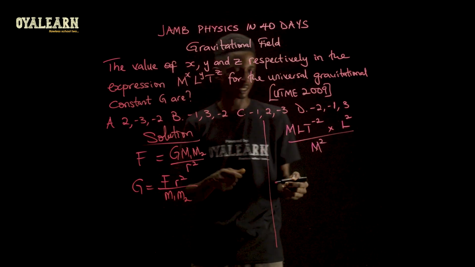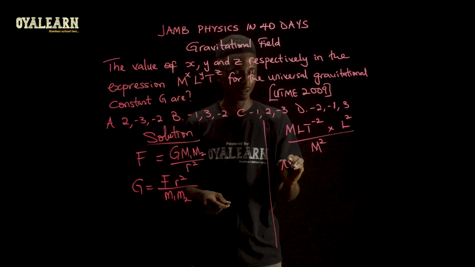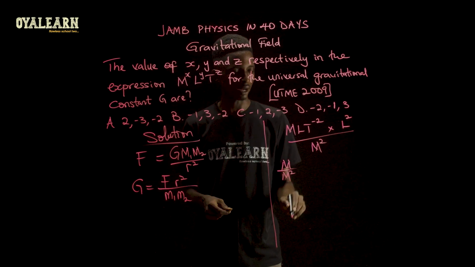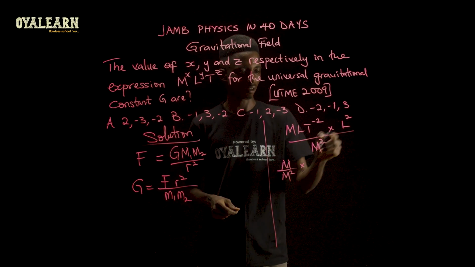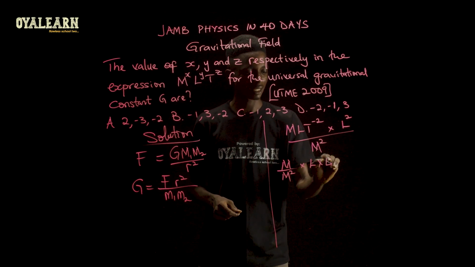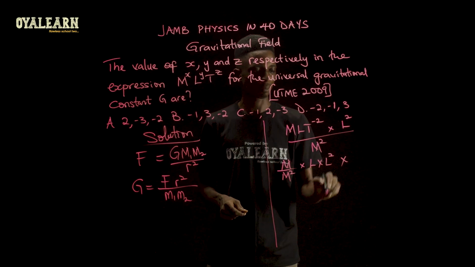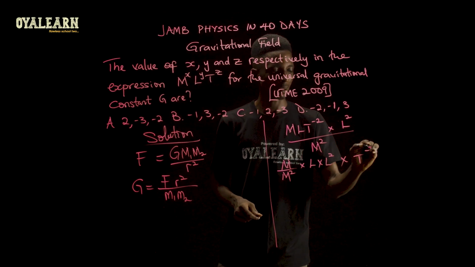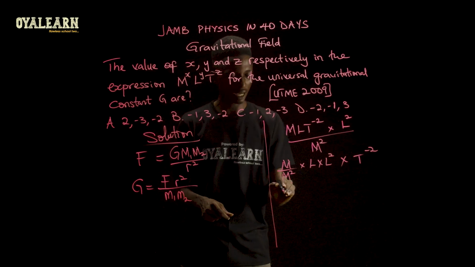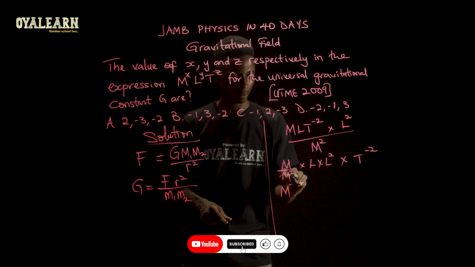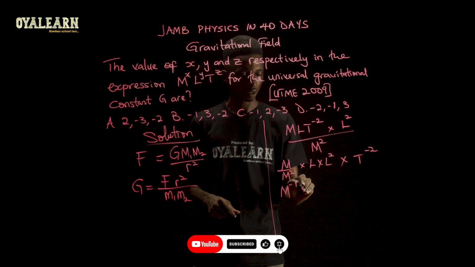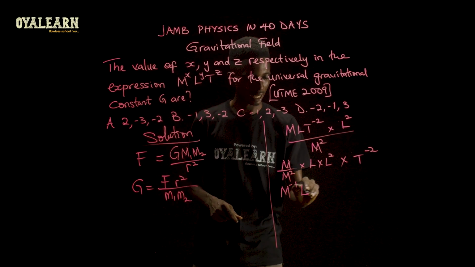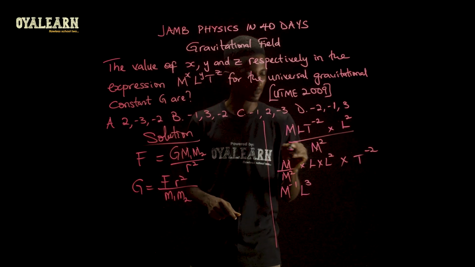So let's solve this. From here, we can then have M over M squared multiplied by L times L squared, then multiplied by T to the power of minus 2. So here we're going to be having M to the power of negative 1. Then this would give us L cubed.